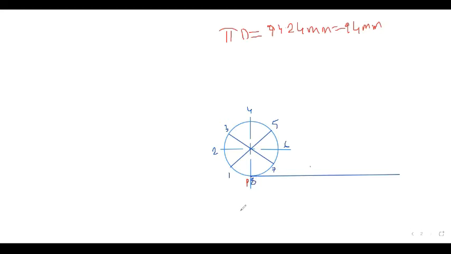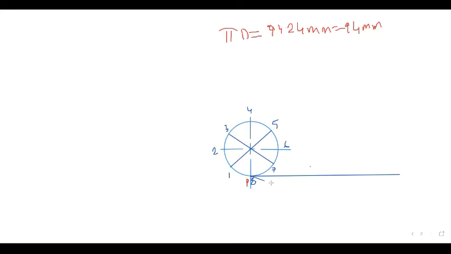Now here we draw a line. This is pi d, and if you divide the circle into x equal parts, you divide this pi d line also into x equal parts. So here we divide the circle into 8 equal parts, so we also divide this into 8 equal parts. But this is 94 millimeters, so by scale we do not get it.